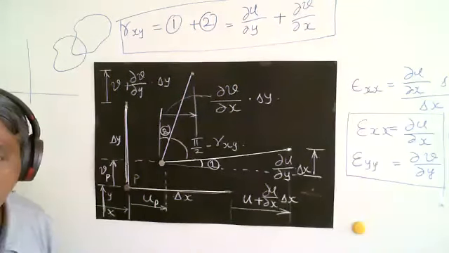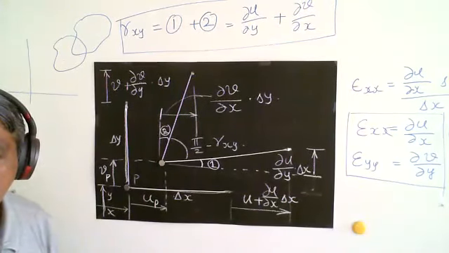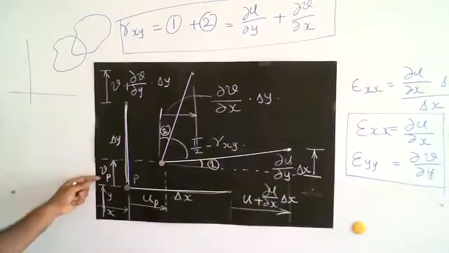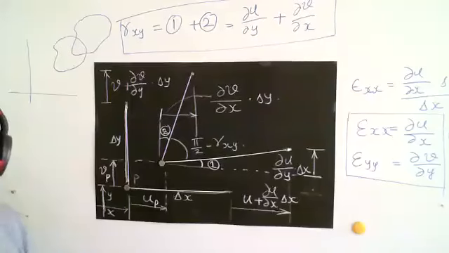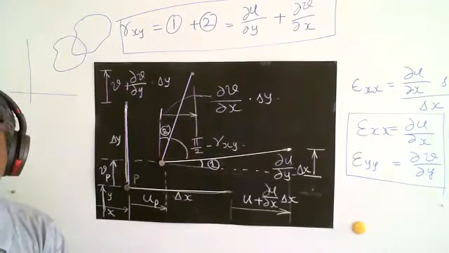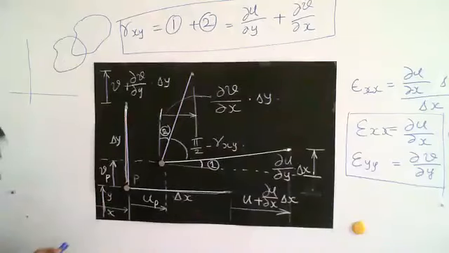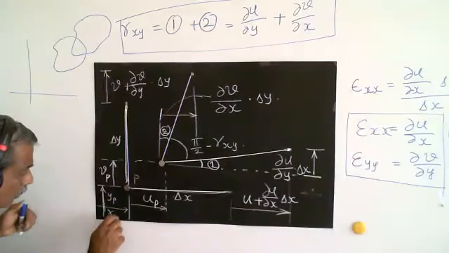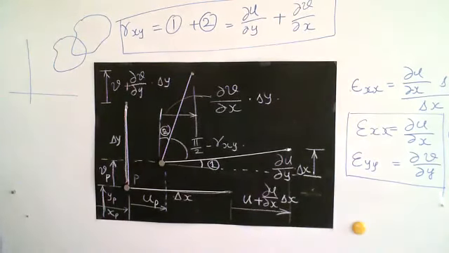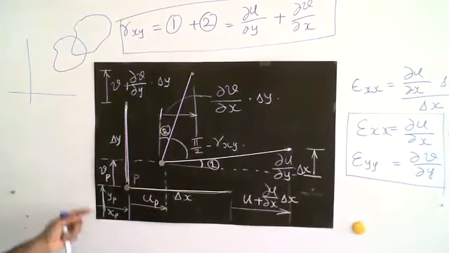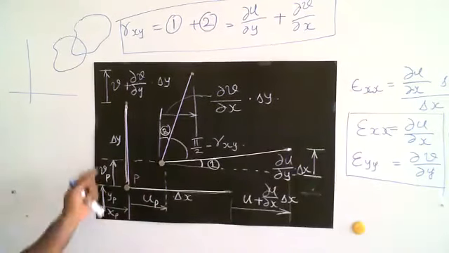Got it? If I move to another point, it will have its own u and v for that x and y. Just like I have x and y with respect to the point P, an adjacent point will have x plus delta x, y plus delta y.